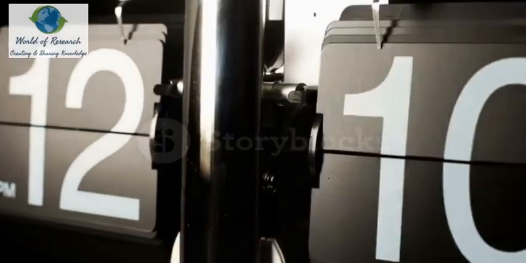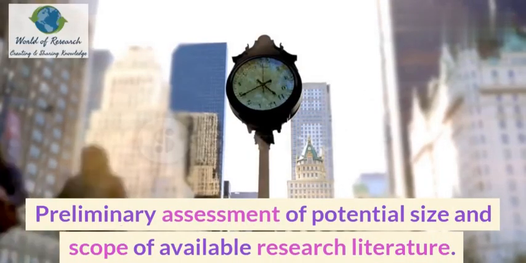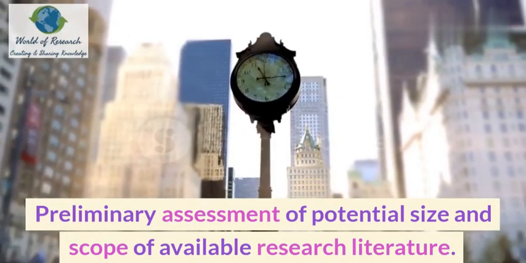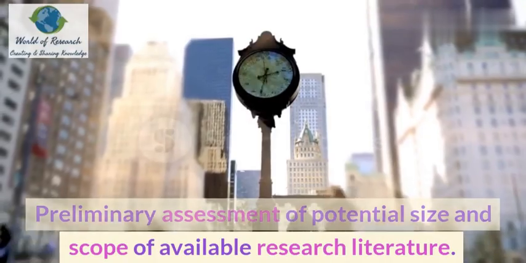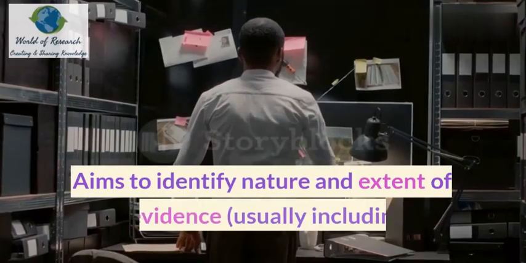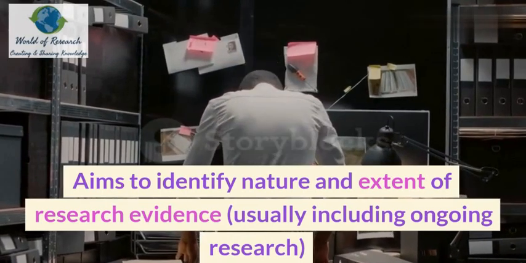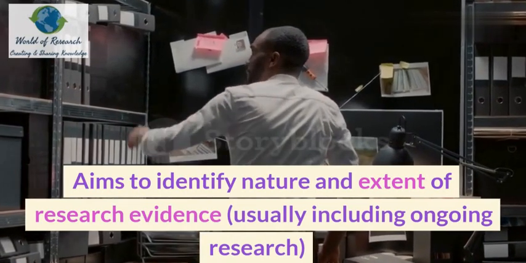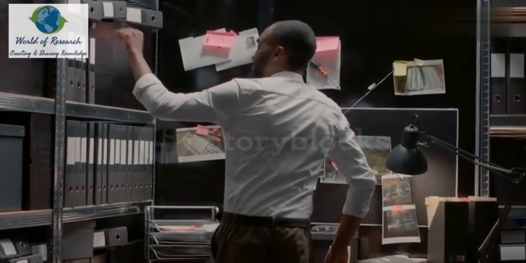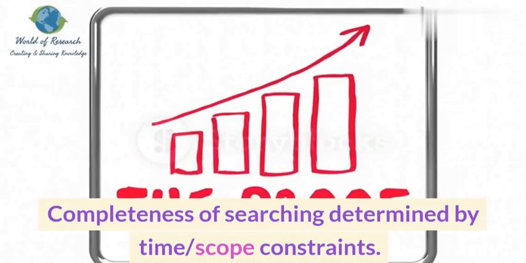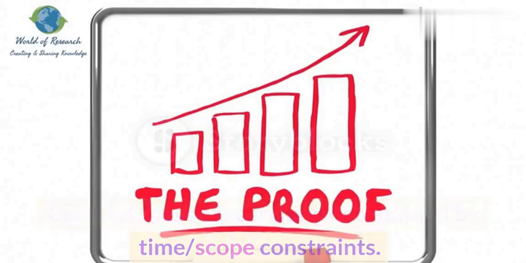Scoping review. A scoping review is a preliminary assessment of the potential size and scope of available research literature. It aims to identify the nature and extent of research evidence, usually including ongoing research. Completeness of searching is determined by time or scope constraints.